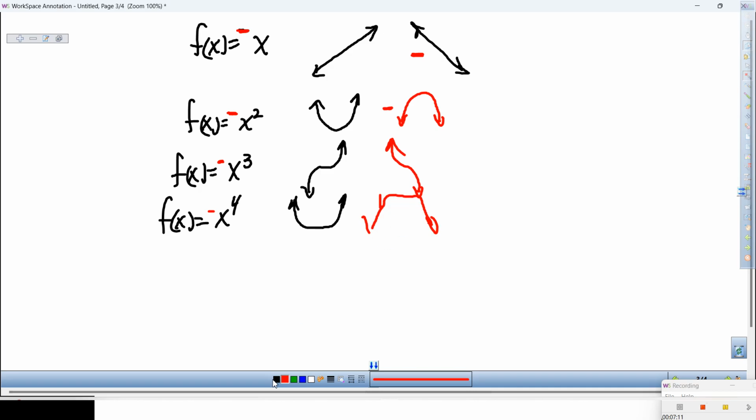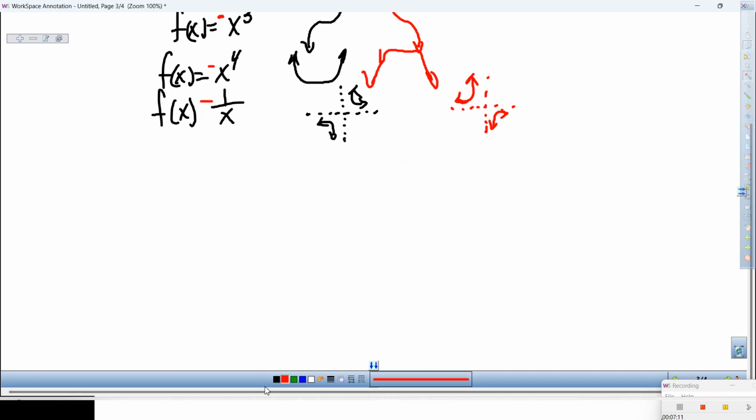Something like that. From there we went to rationals. 1 over x. Like this and like this. However, if we put a negative in front of it, it should look like this and like this. Is that correct?